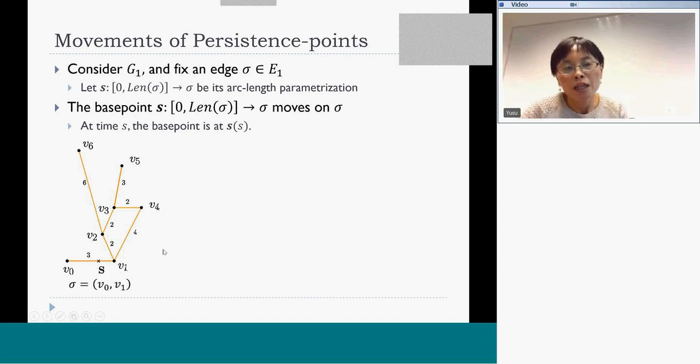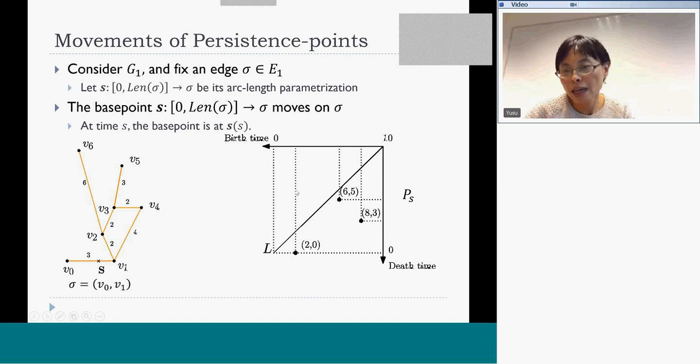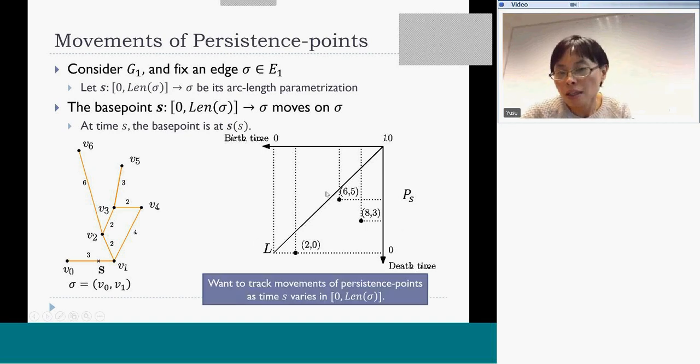Remember that given the base point, we map it to the persistence diagram of the corresponding geodesic distance. Now, the base point can be anywhere. So as the base point moves inside this edge, we want to find out first how the points in the persistence diagram move.